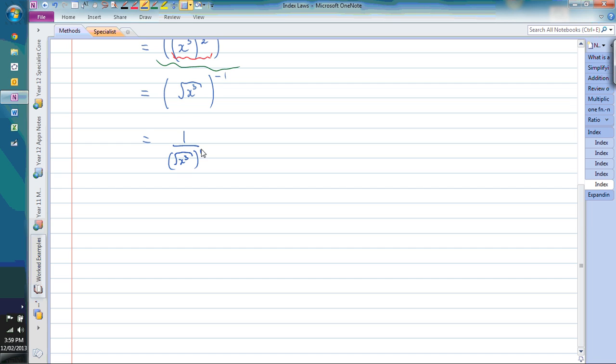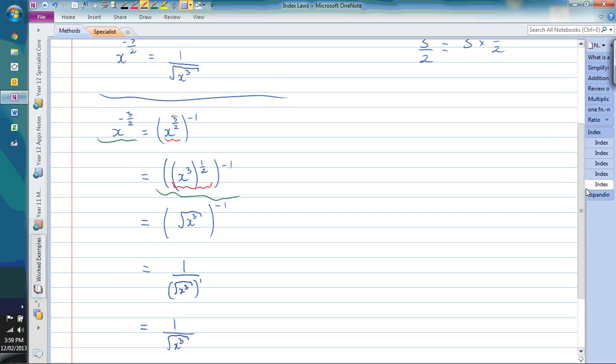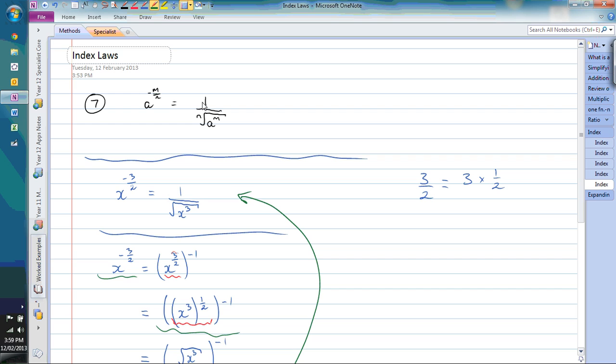Power of 1 is just the same, it doesn't change it. So I don't need this 1 here. I can write this as 1 on the square root of x cubed. And let's check. Yeah, it's the same as what I got from doing it the shortcut method using this index law.